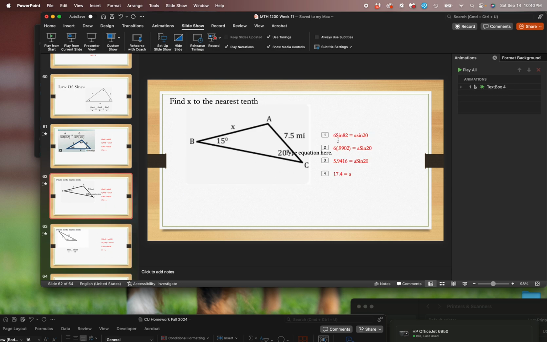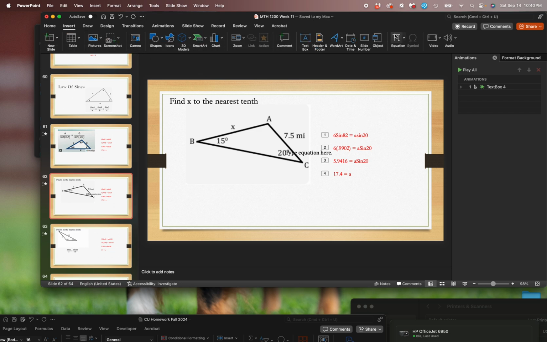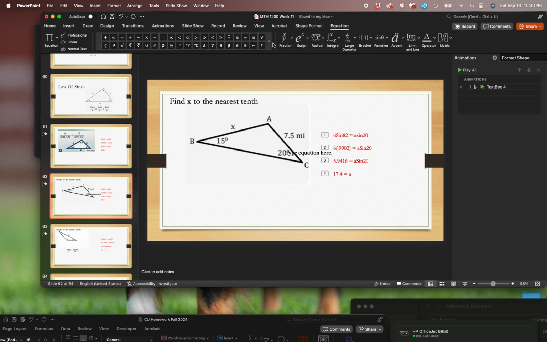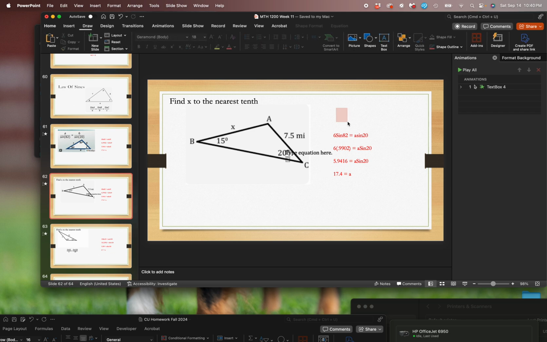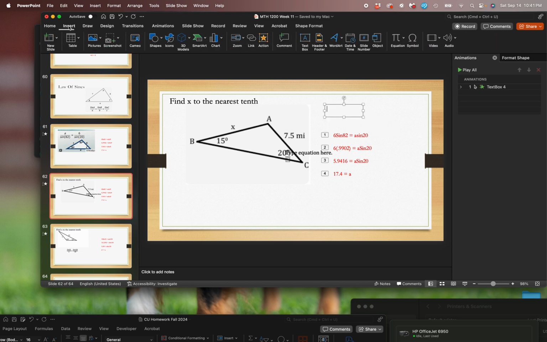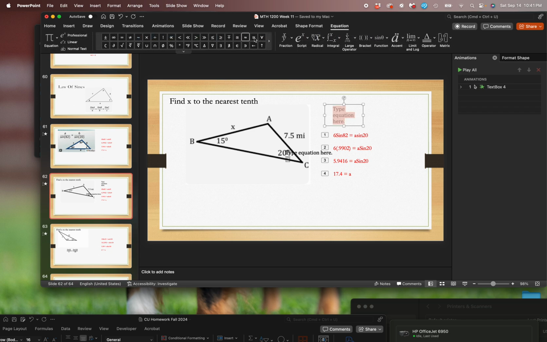Okay, so this would show you how a trained professional handles it. There we go, ready. First I have to do a text box, sorry. And then I have to insert the equation. And then equals, and then we do this one more time.